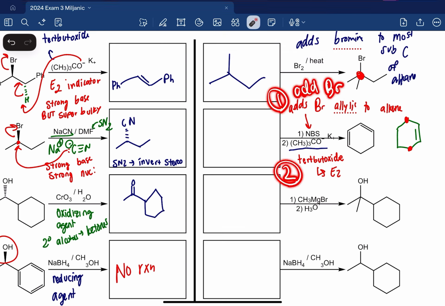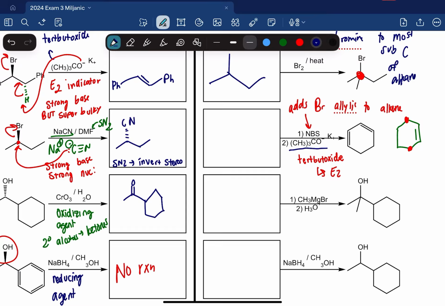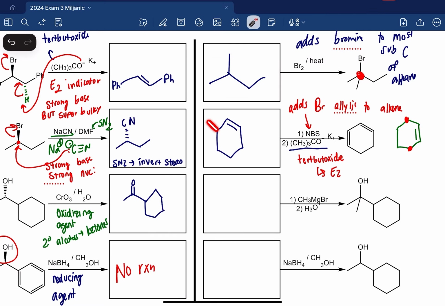Then the second step, we're going to eliminate it. So in our original structure, all we need to do is keep a double bond. Let me draw that a little better. We can keep this one because we know NBS will add a bromine here. And then we know the tert-butoxide will eliminate it and put the double bond here. So that's kind of the thought process there.